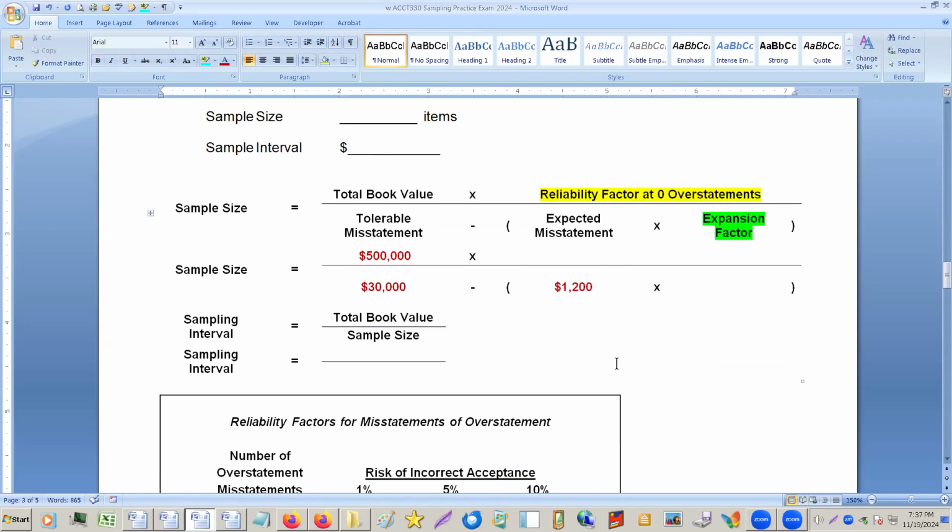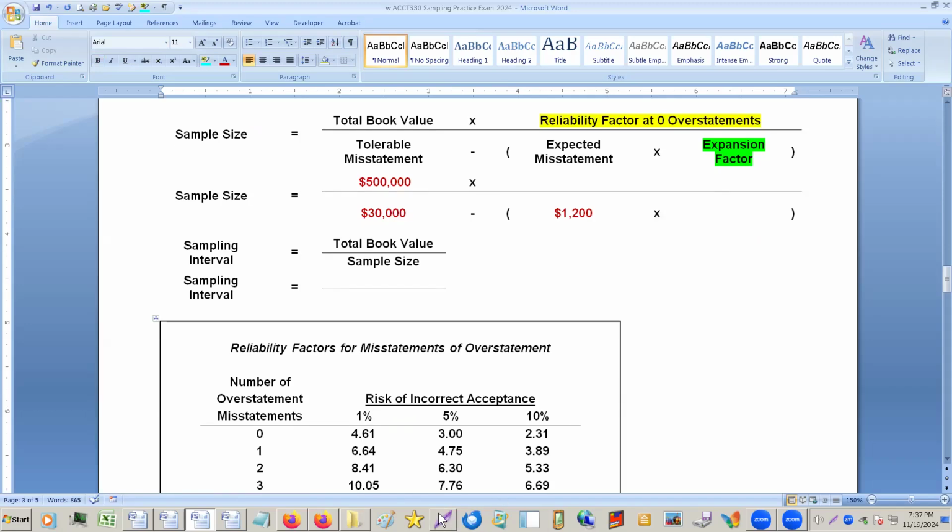Okay, so let's get the reliability factor first. So at 0, at 10%, 2.31.